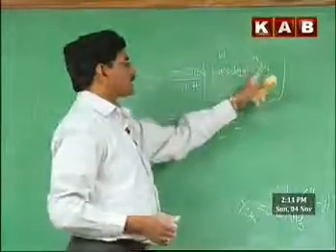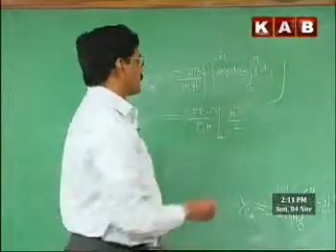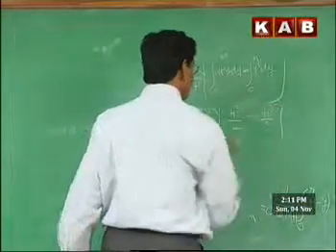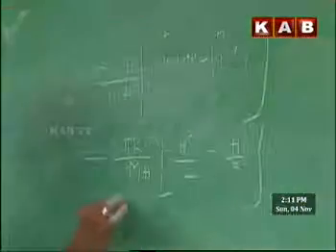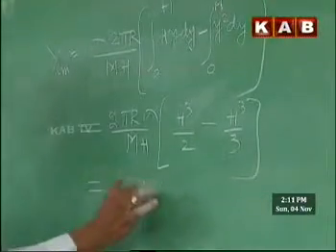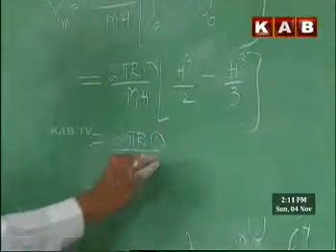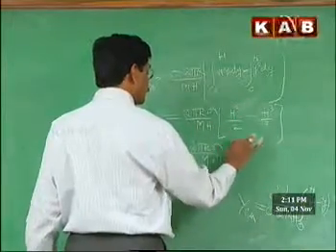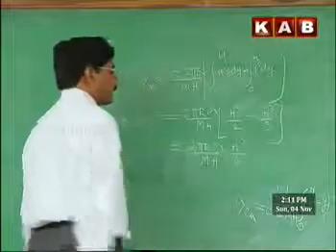The integral of y square dy is y cube by 3, substituting the limits, h cube by 3. This is nothing but 2 pi R sigma by mH cos theta into (3 minus 2) h cube by 6.